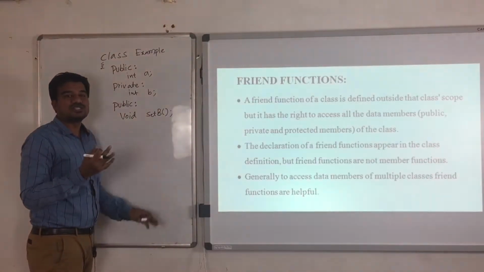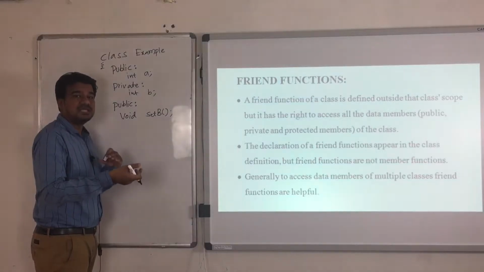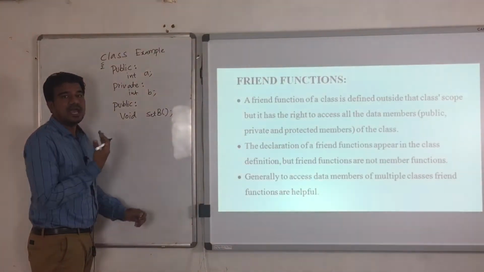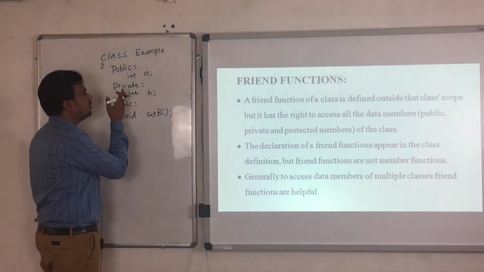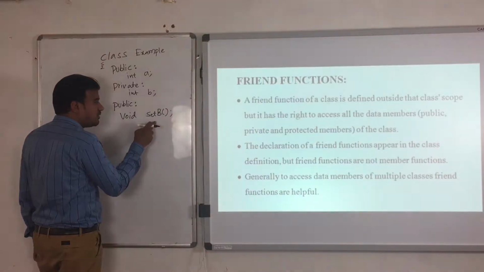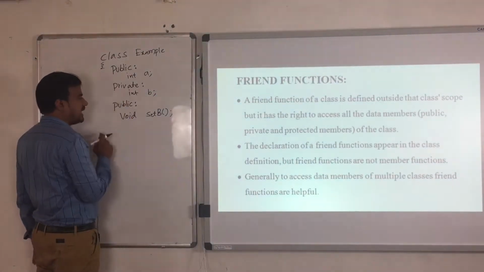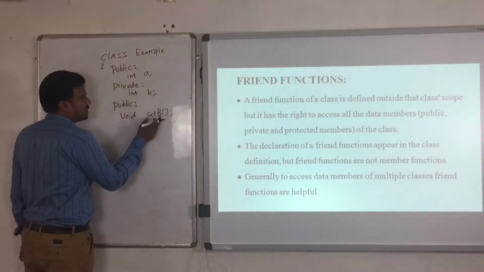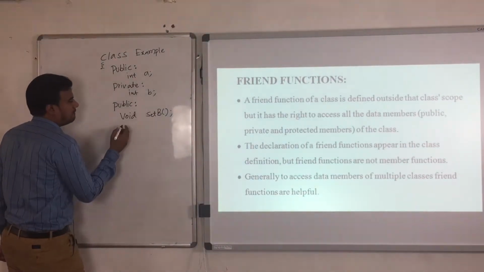We are not saying anywhere else, we are simply saying outside the class. That means inside the class we have the access right, even though it is private. So by making use of this public method inside the class, we are accessing the private member. Now set B can access this B.